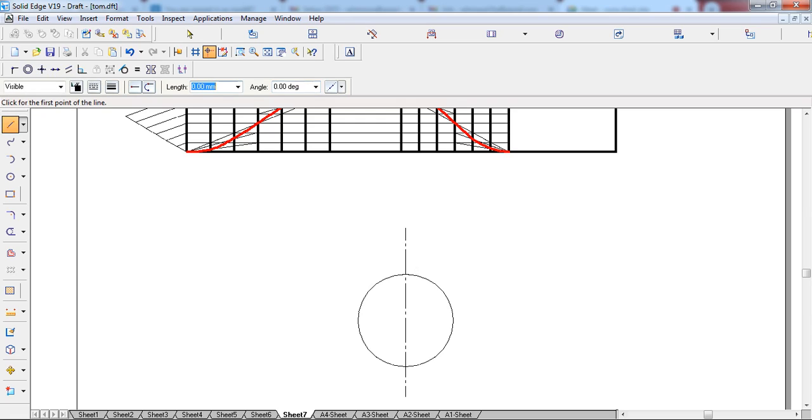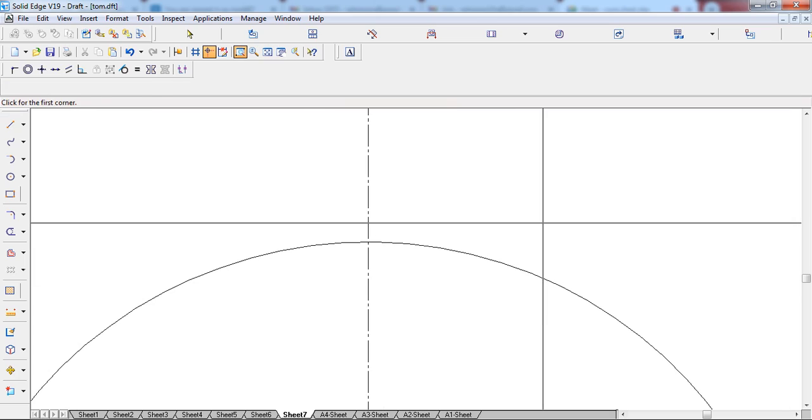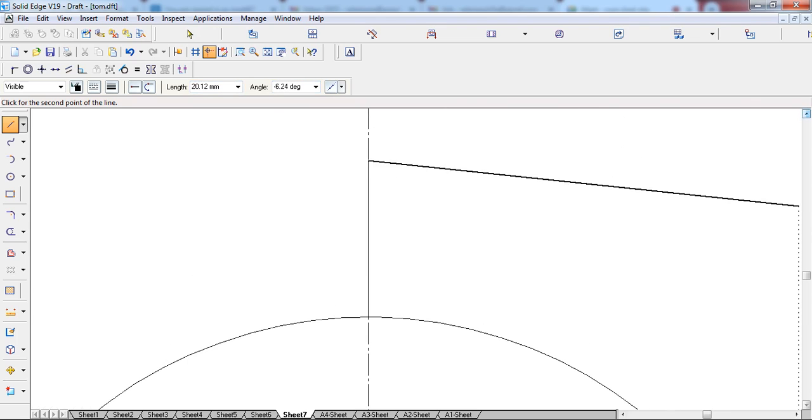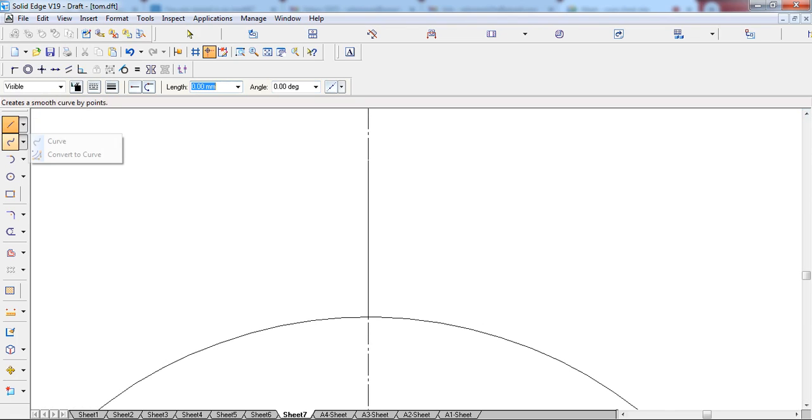I will zoom it and show you. From this intersection I will move 7.5, that is the radius of the follower, and I will move above, and on this point I am going to draw the circle of 7.5.